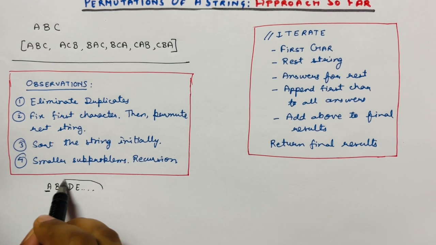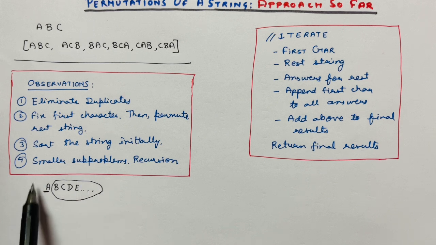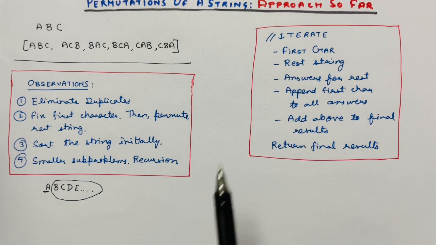If somebody magically gives me the permutations for the remaining string, can I get the permutations for this whole string? The answer is yes. I just need to append this character A to all the permutations of the remaining string, because the first character is fixed. We were looking for the permutations of this string where the first character is A. So this is our current approach.